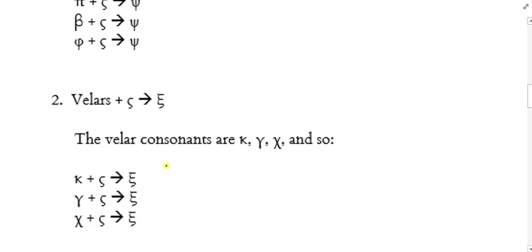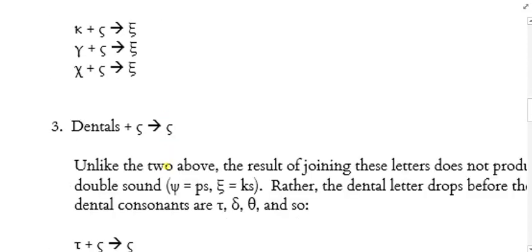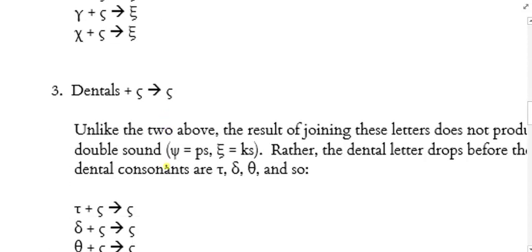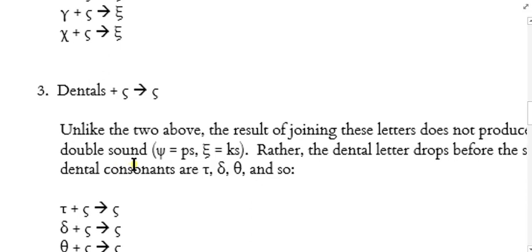All right? Now, the dentals. The dentals have to do with the teeth. These are those consonants where you put your tongue up to the back of the top teeth, and you're going to pronounce a dental. T, D, and th. Do you feel that tongue coming up the teeth, the dentals, right? T, D, th.